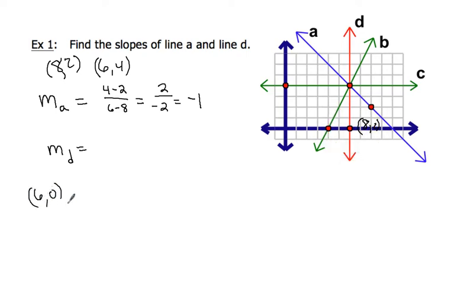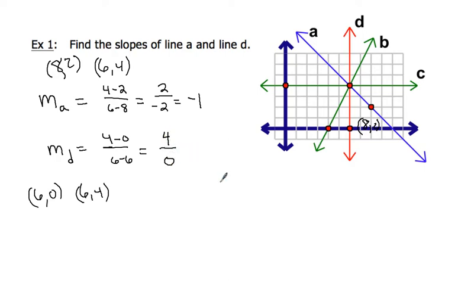And then the other point we're going to look at is also 6, 4. So when we go to find the slope of line D, we're going to use those 2 points, and if we go ahead and do our arithmetic there, I'll have 4 minus 0 over 6 minus 6. Now 4 minus 0 is just 4, and 6 minus 6 is 0.